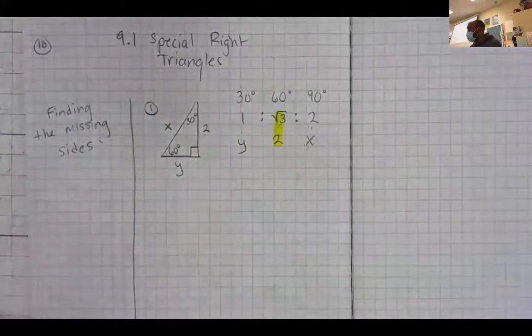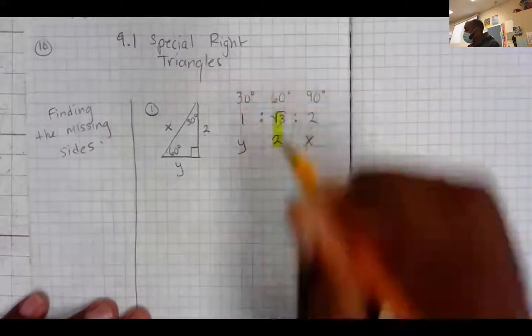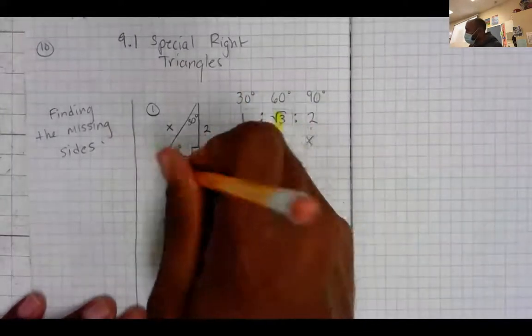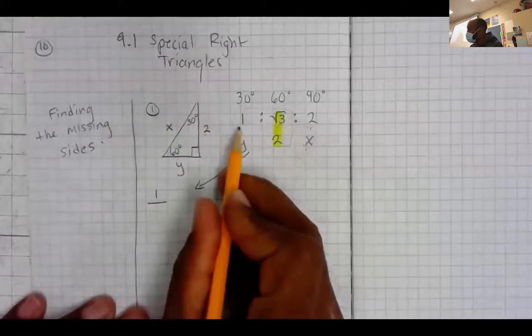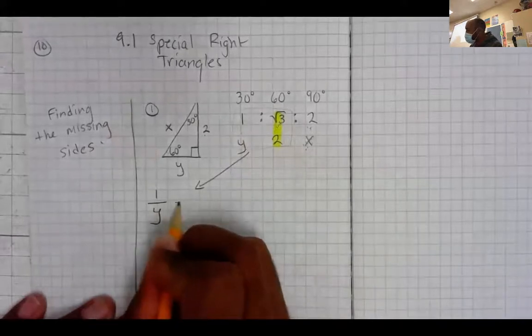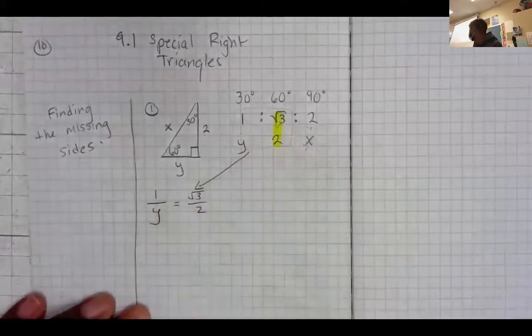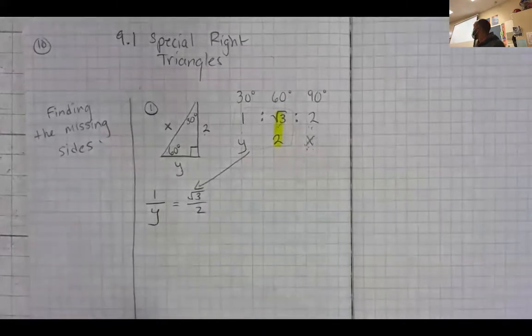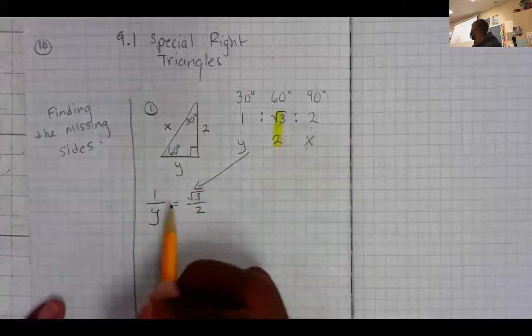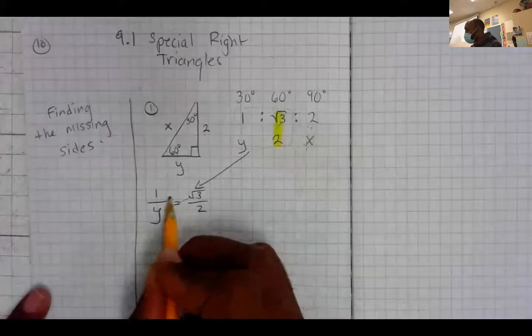All right, so what I'm going to do first is take these two pairs and create an equation. So I'll do 1 over Y equals square root of 3 over 2. Okay, and now I've created a proportion to help me solve for Y. So first step here, I'm going to cross multiply.